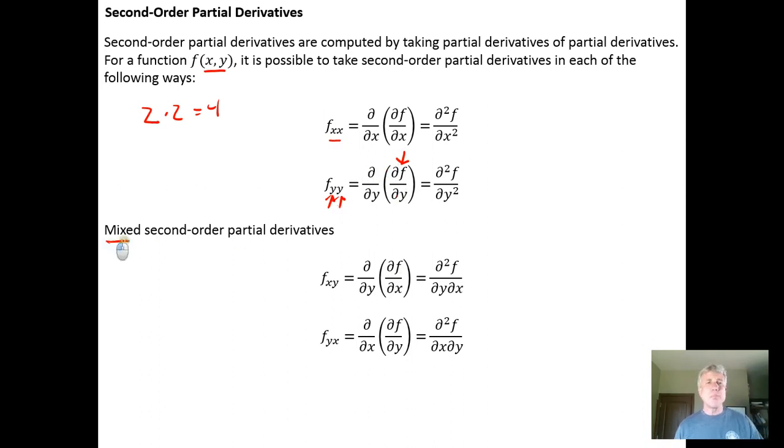We also can do mixed second partial derivatives, where we first take the derivative with respect to x. Notice that the thing that you do first is up against the function symbol. So first do it with respect to x. Take that derivative with respect to x. Then take the partial with respect to y of the partial of f with respect to x. So f sub x y.